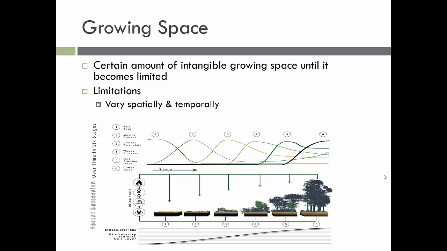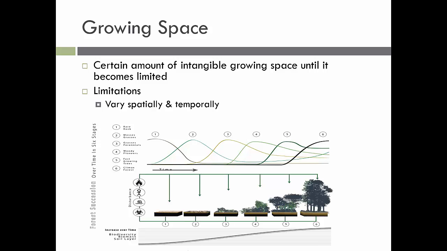Growing space varies both spatially and temporally. We can see with succession how the site, how growing space, is used. At first, after a disturbance, we have a lot of space, and what's available for growth is going to really vary based on the disturbance.